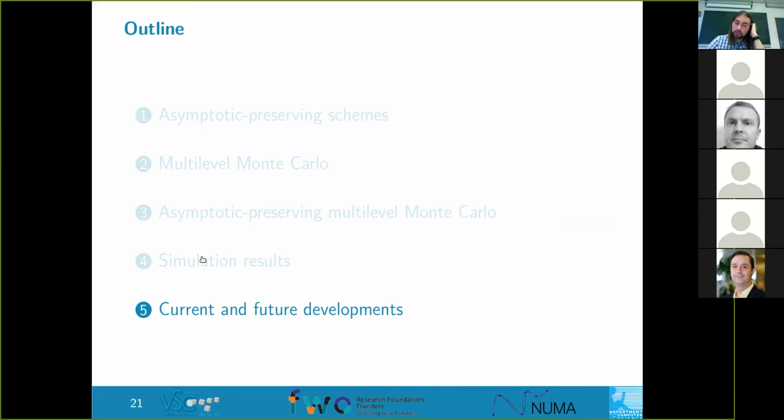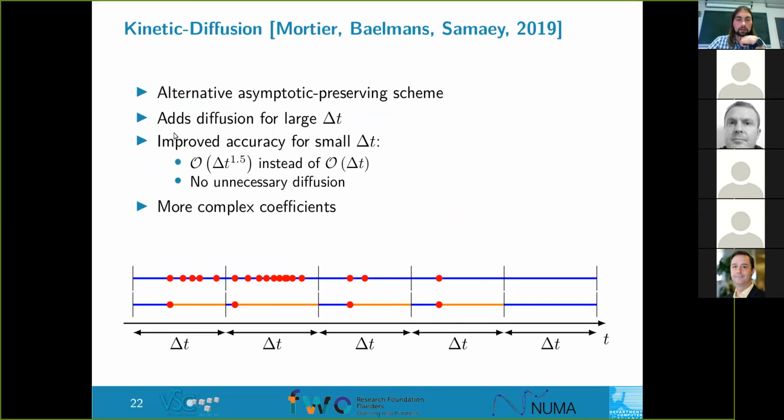Okay. So now I want to briefly say something about some work done by colleagues of mine in our research group, Numa at KU Leuven, and then also see where the work in this area is headed in the future. So last year, a new paper came onto arXiv, authored by the fellow PhD student who's also worked with me on this topic, Bert Mortier, and his two supervisors, Martino Balmans and Giovanni Samai.